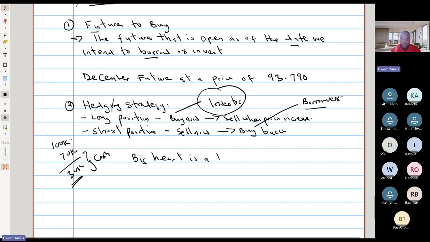He is a borrower. And borrowers prefer a lower interest rate.